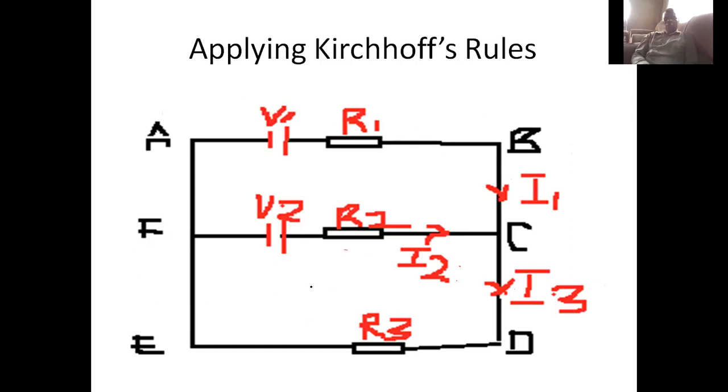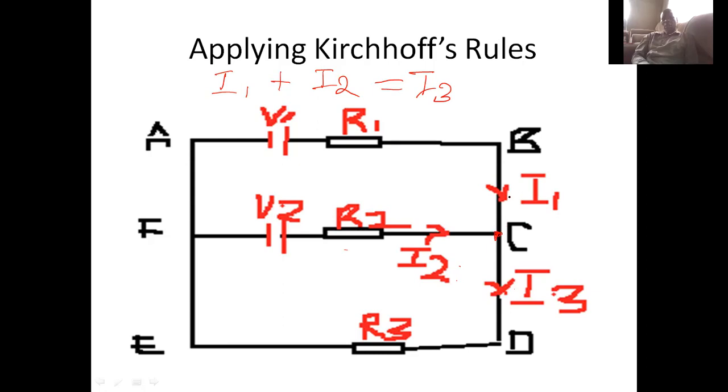The junction rule, as we stated, says the current entering equals the current leaving. So current 1 plus current 2 should be equal to current 3, because if we take our junction to be here at C, this is our junction.